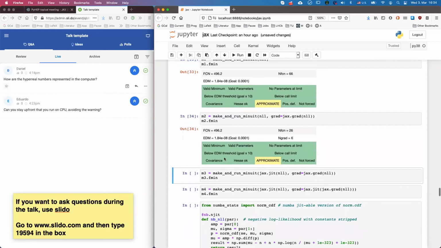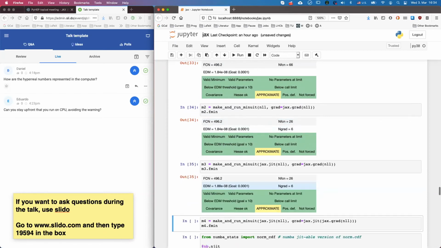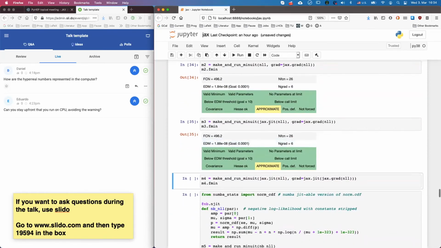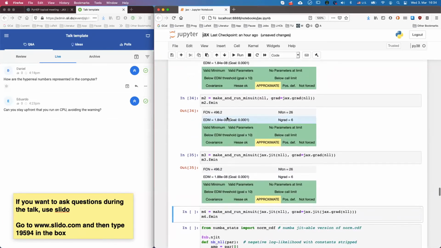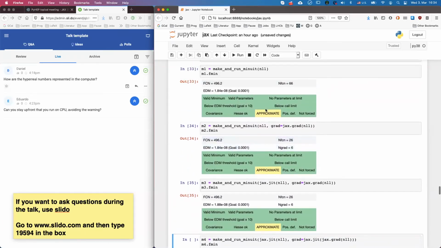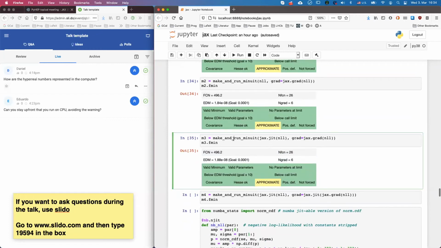This is, by the way, not necessarily so that you get exactly the same EDM and function value here. Now I run this. By the way, I didn't talk about the JIT compiler yet, but here we will also use the JIT compiler. So this here was just computing gradients. Now I also JIT compile the function, but I don't use Numba for that. I use the JIT compiler of JAX.